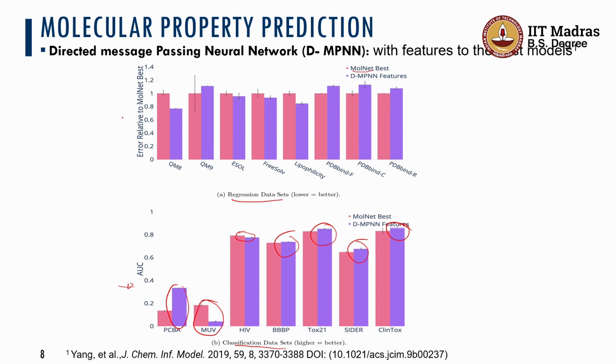Similarly, they have also looked at the regression tasks, and you can see that it performs far better than the MoleculeNet based models, while in some of the tasks it is marginally poorer.